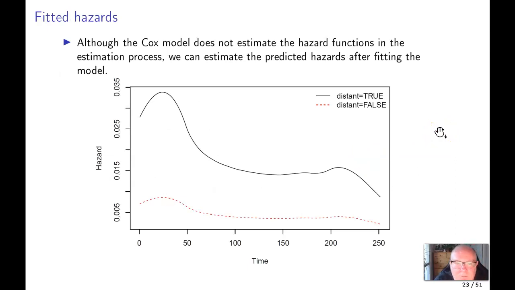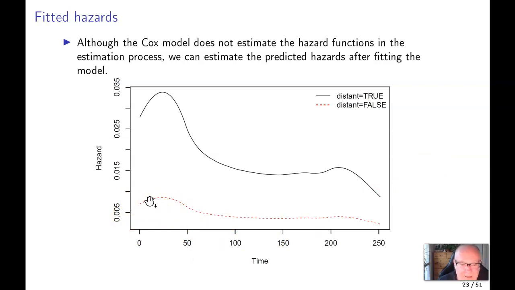But before getting to that, I mentioned the Cox model. It estimates the hazard ratios, but it doesn't estimate the hazard functions. But after fitting the model, we can retrieve an estimate of the hazards from the fitted model. And so here we have the two fitted hazards.